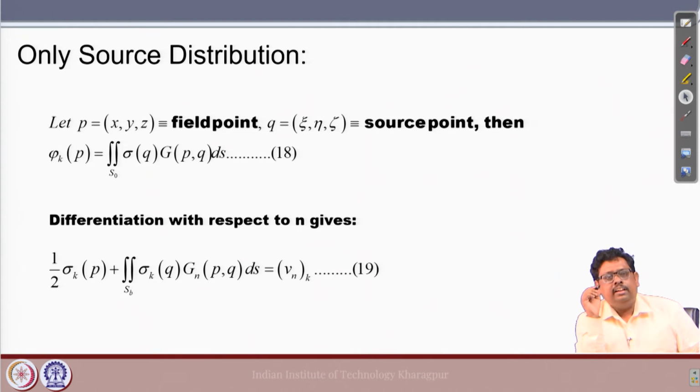Now, this equation 19 is strictly for the lower order panel method. However, in the higher order panel method, you really do not have the term half of sigma k p. So now let us try to see how this equation comes about.